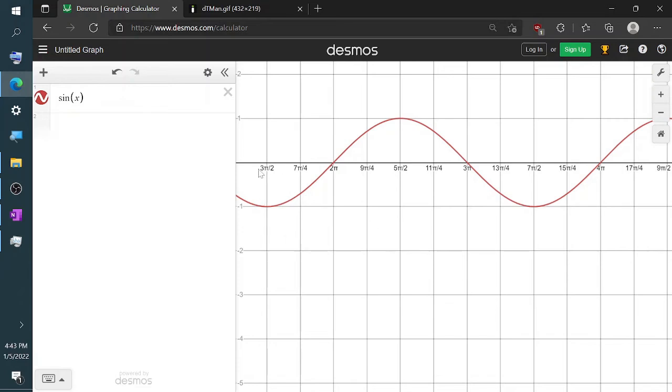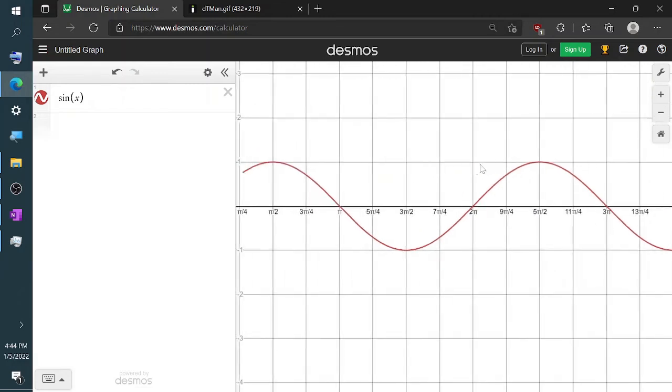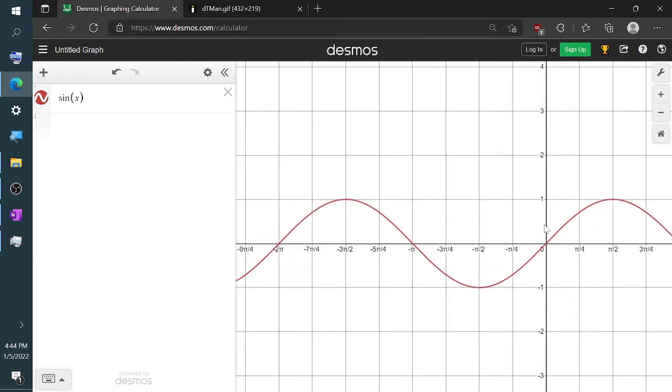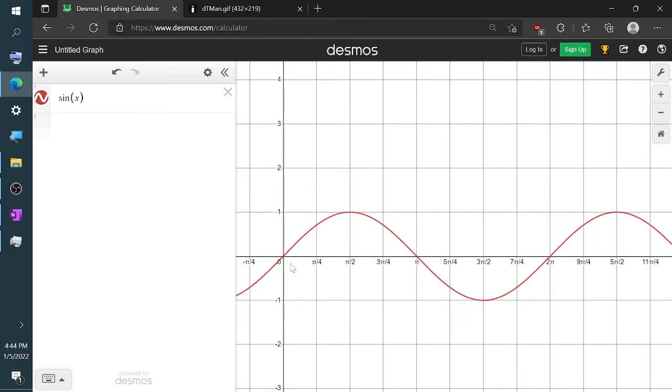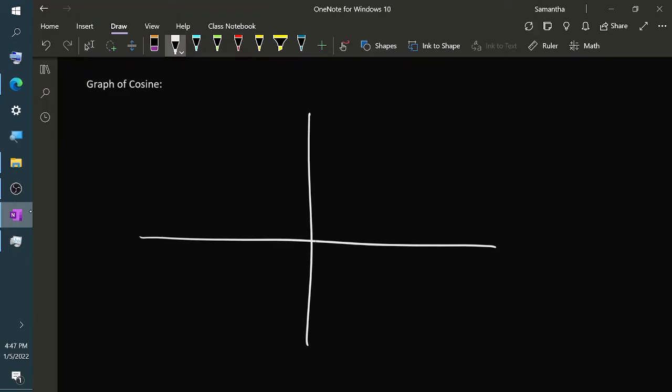Here, if you plug in 3 pi over 2, that's the same output as what you get from the coterminal angle of 7 pi over 2. So in this picture, we can see the fact that if you increase or decrease an angle by a full rotation, then sine is going to output exactly the same value. So you can see that by the fact that the graph repeats every 2 pi units.